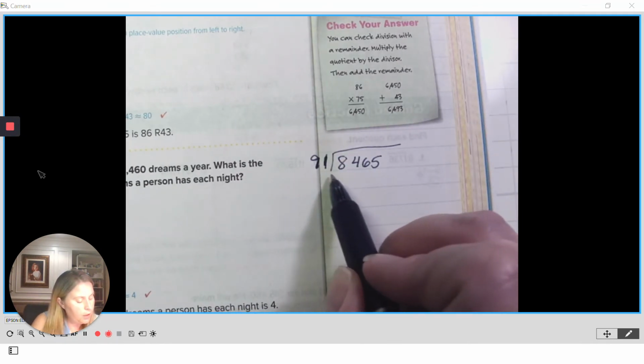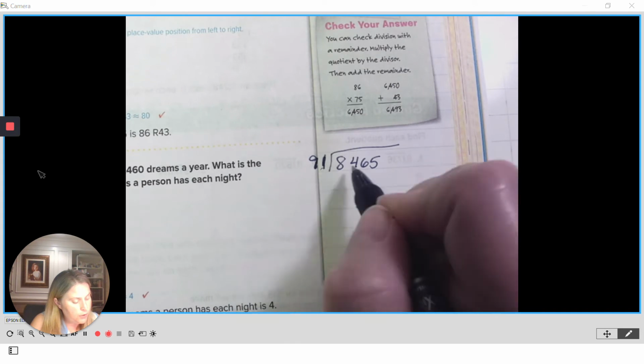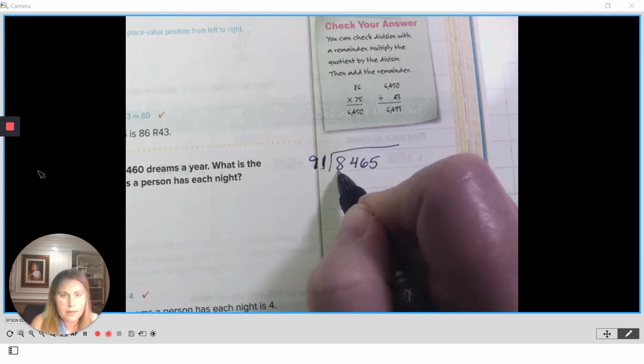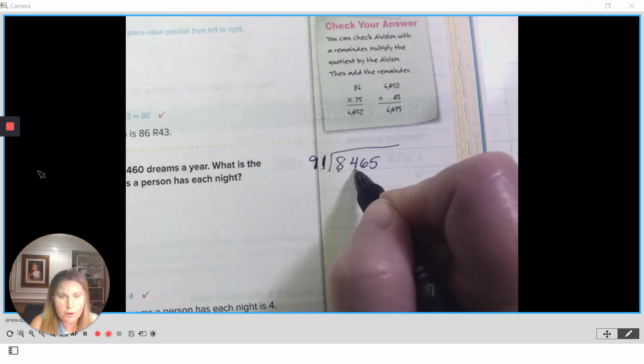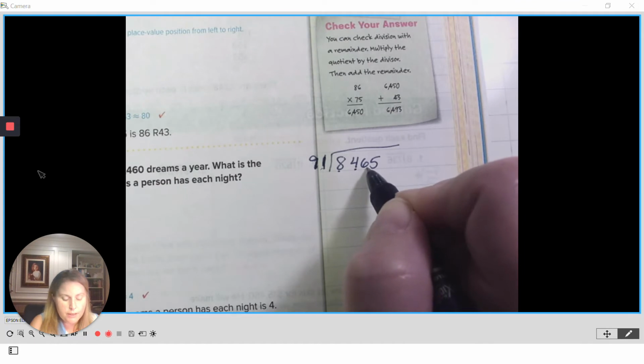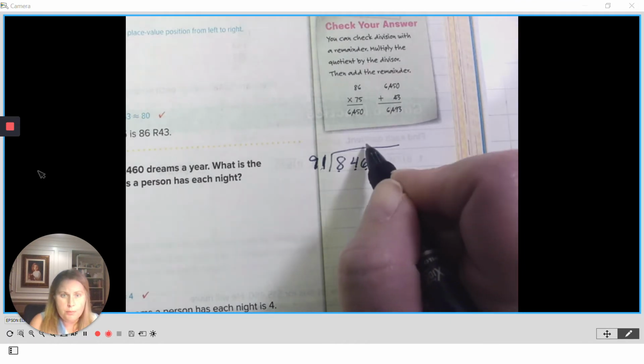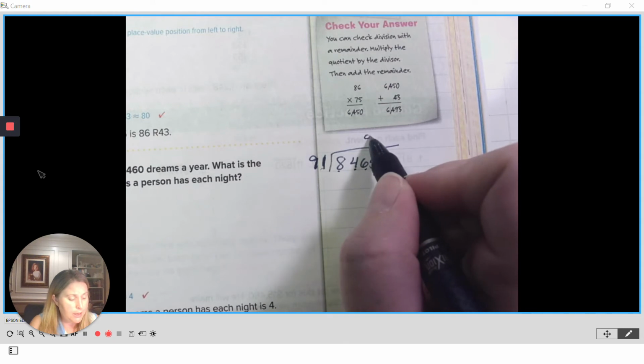So 91 cannot go into 8. It can't go into 84. It can go into 846. I know 9 times 9 is 81. So 9 times 90 would be 810. So that's going to be pretty close. We'll estimate a 9 here.